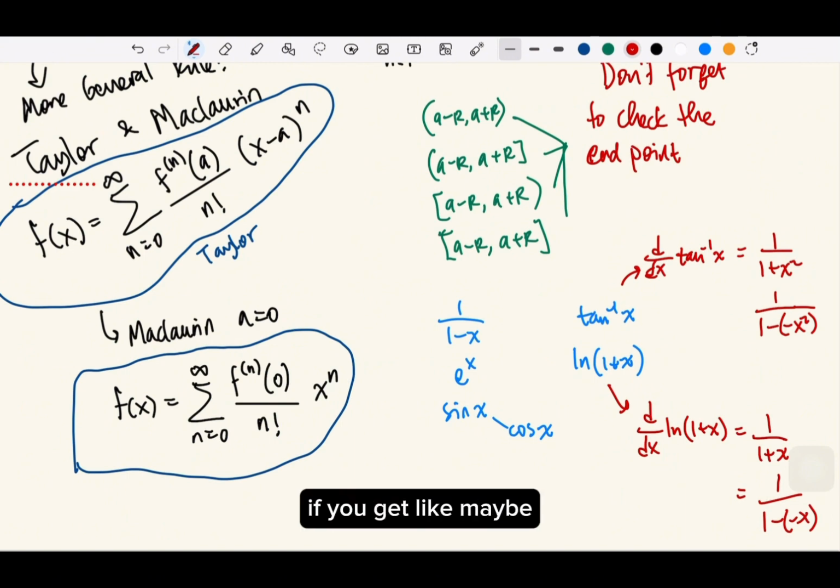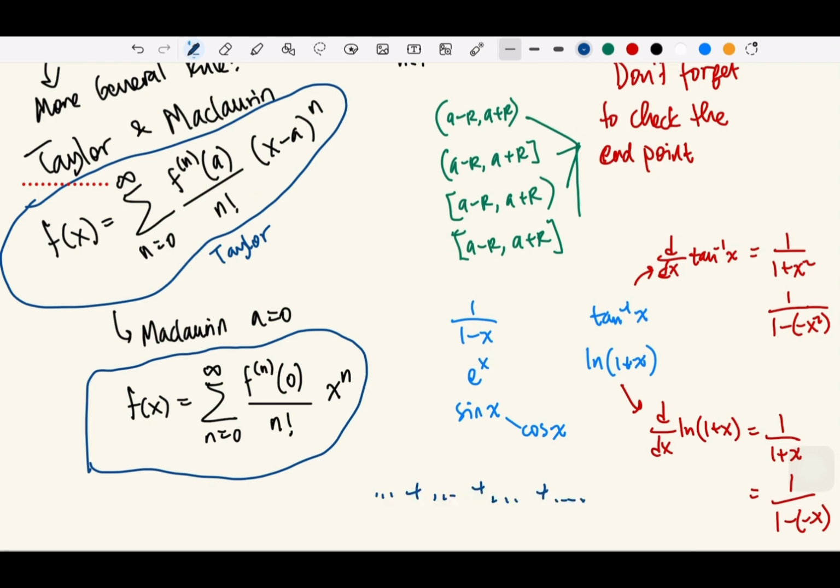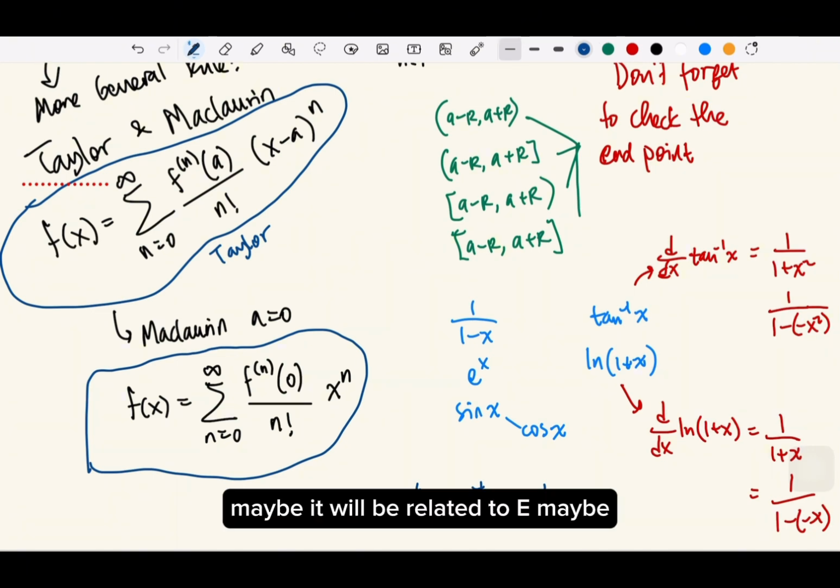So for example, if you get something plus something plus, first imagine how it looks, and you could relate it to one of these functions. Okay? If this has some e, maybe it will be related to this e.